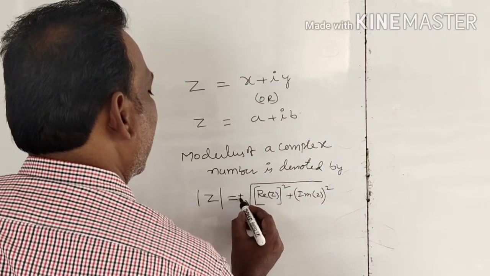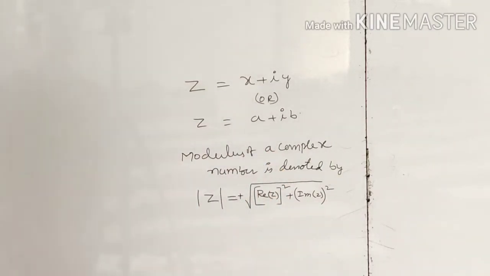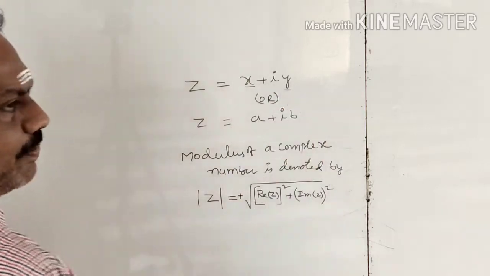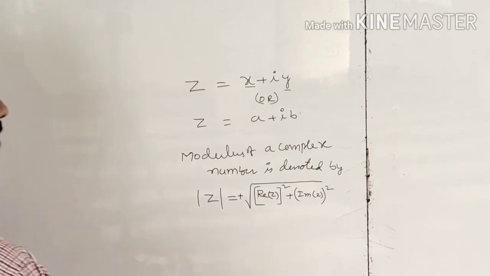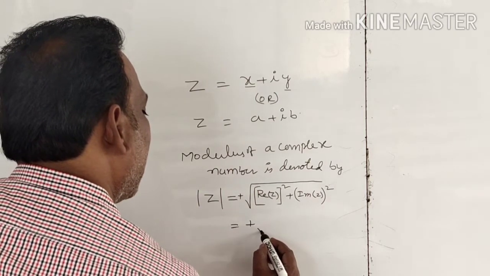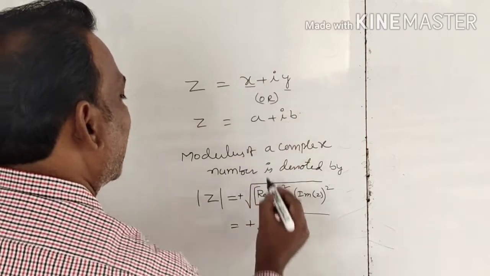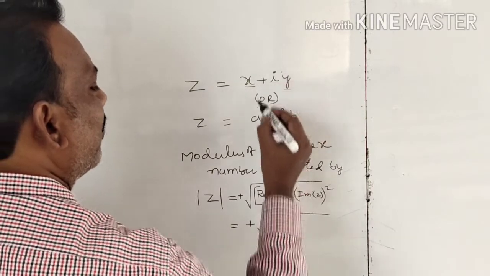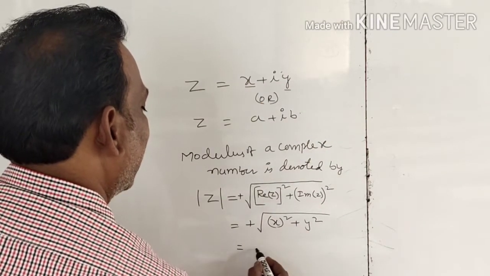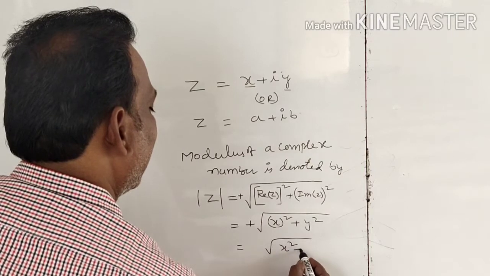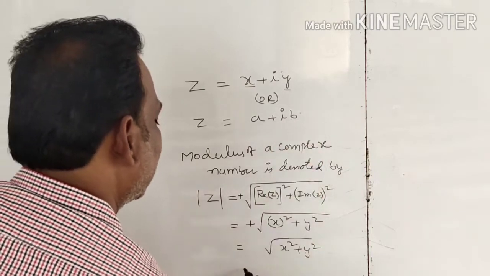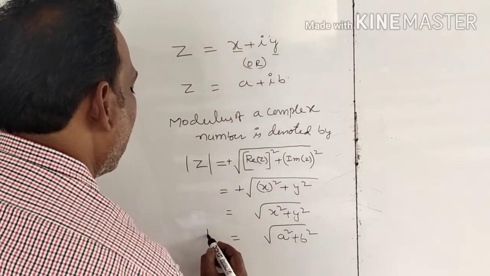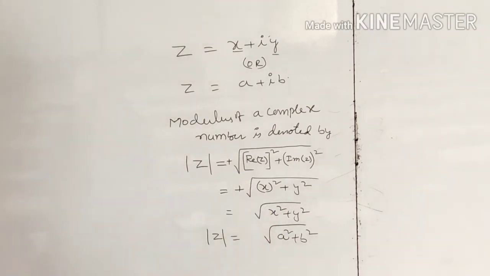This is a positive value, remember it. This is the real part, this is the imaginary part, I told in the first videos. So under root, real part of z means x the whole square, imaginary part of z means you have to take only y, students, remember, y square. So I can write root over x square plus y square. Suppose the problem is given in terms of a and b, you have to write a square plus b square. This is always the modulus of a complex number.